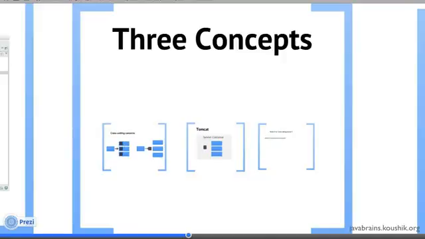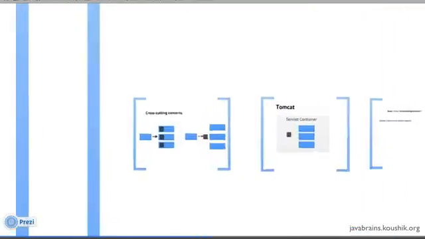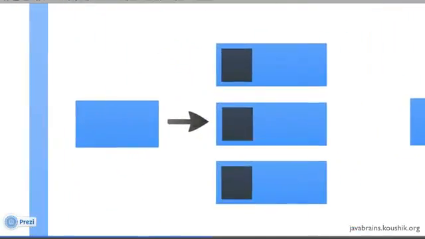So the first concept that I want to talk about is called cross-cutting concerns. Now, cross-cutting concerns is a very commonly used terminology, and it's applicable in a lot of different areas in programming. What this means is, say you have a consumer that's accessing three different provider modules.